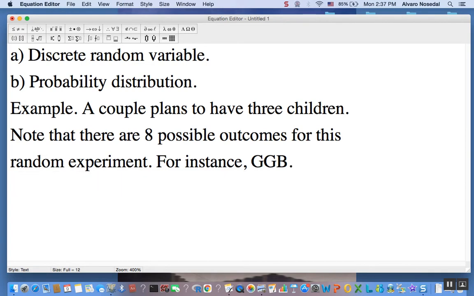Now, these 8 arrangements are going to be assumed to be equally likely, and we are also ruling out the possibility that this couple could have twins, for instance. Okay?